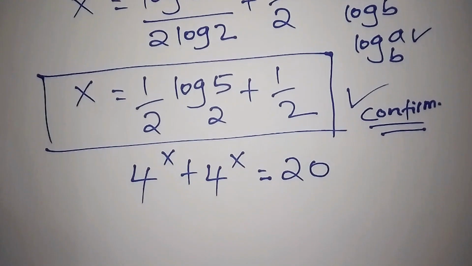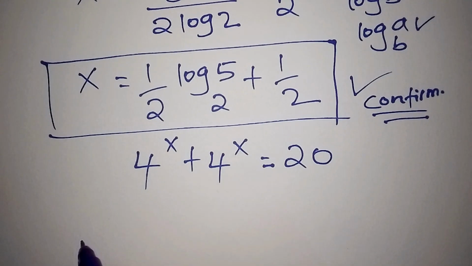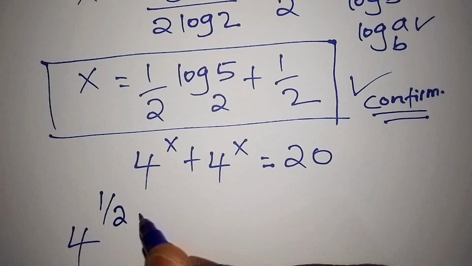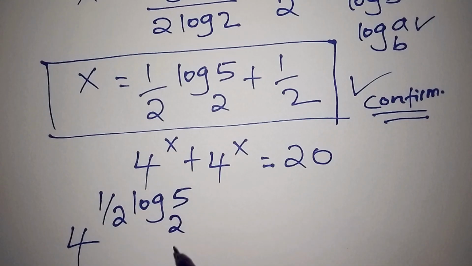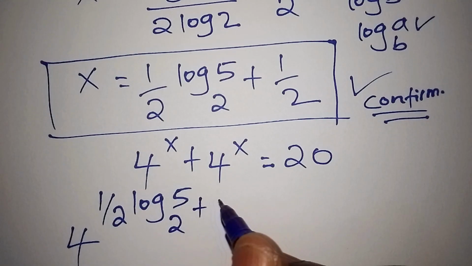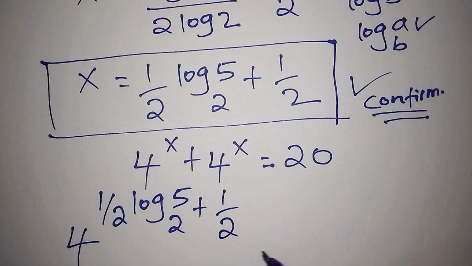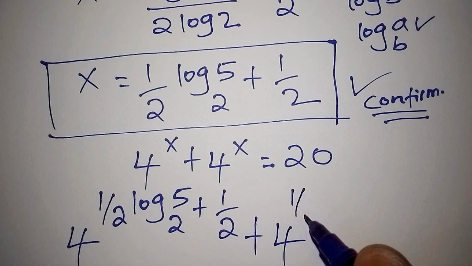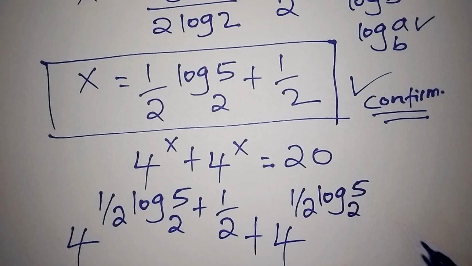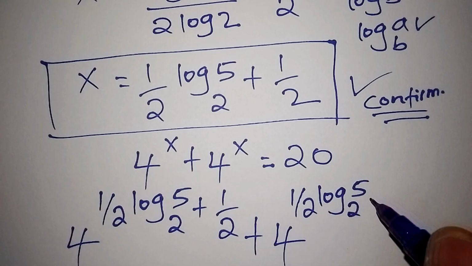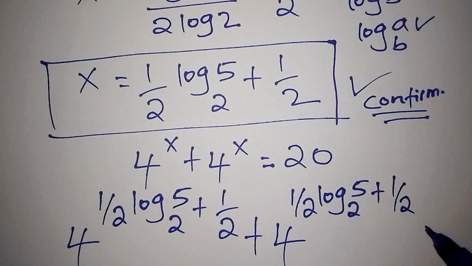So now we have 4 to the power of 1 over 2, the log of 5 to the base of 2, plus a half, plus again 4 to the power of 1 over 2, the log of 5 to the base of 2, plus a half, is equal to 20.